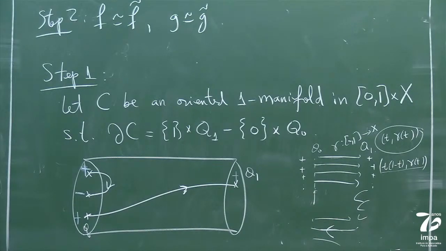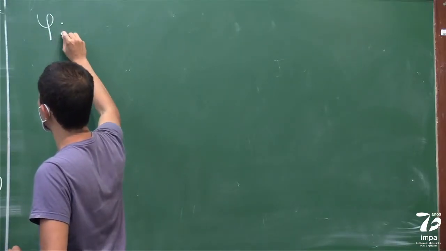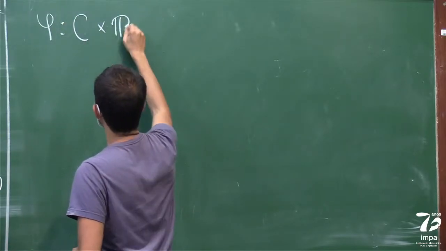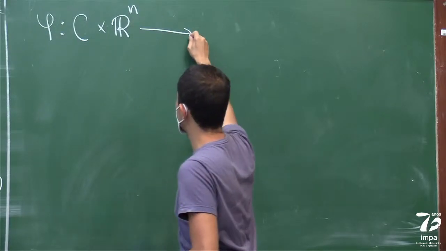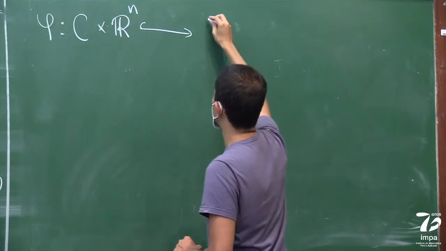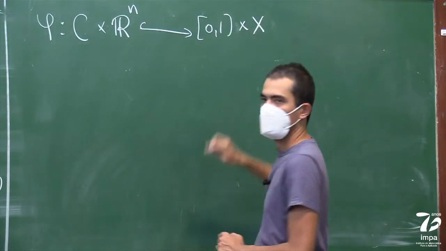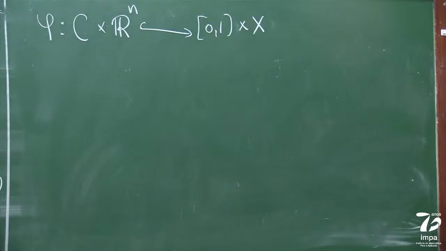And now we're going to use a version of the tubular neighborhood theorem. So what we're going to do now is construct a map that goes from C times R^n into an embedding, actually, into [0, 1] times X. That's basically thickening.